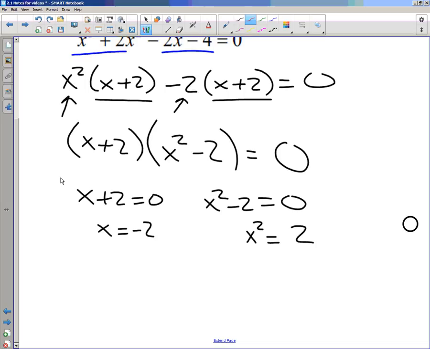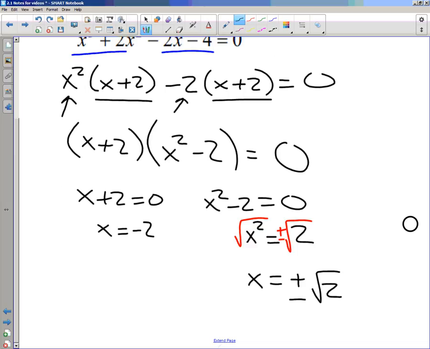Now when you take a square root to get rid of a square on a variable, you have to consider both the positive and the negative version of the result on the other side. So yes, the radical does cancel the square on the x over here, but we actually end up getting 2 solutions from this, both positive radical 2 and negative radical 2.